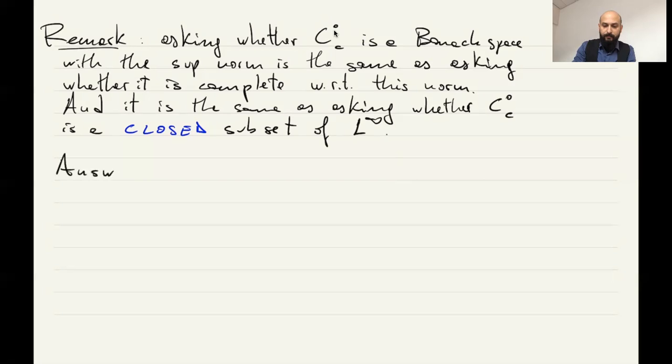Answer is no. It is not true that this is a closed set. And therefore, it is interesting to study the closure. So let me write some.